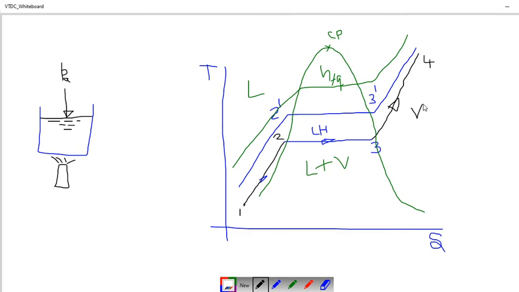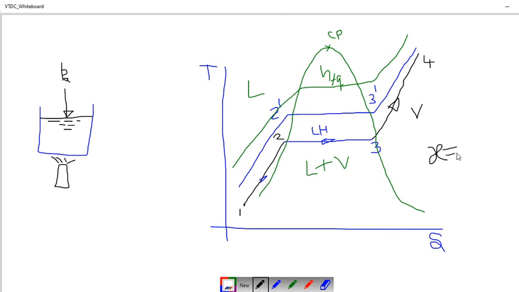Now, as there is a change in the percentage of water vapor from the saturated liquid line towards the saturated vapor line, one new property is considered, that is dryness fraction.